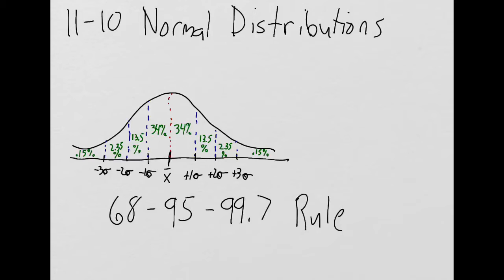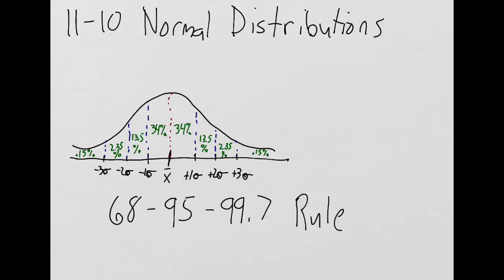You have a mean, which is right in the middle here. And then you can go up and down from there with different numbers of standard deviations. For example, we have the +1, the +2, the +3, the -1, -2, and -3. And each of these captures a certain amount of your data, at least theoretically speaking.